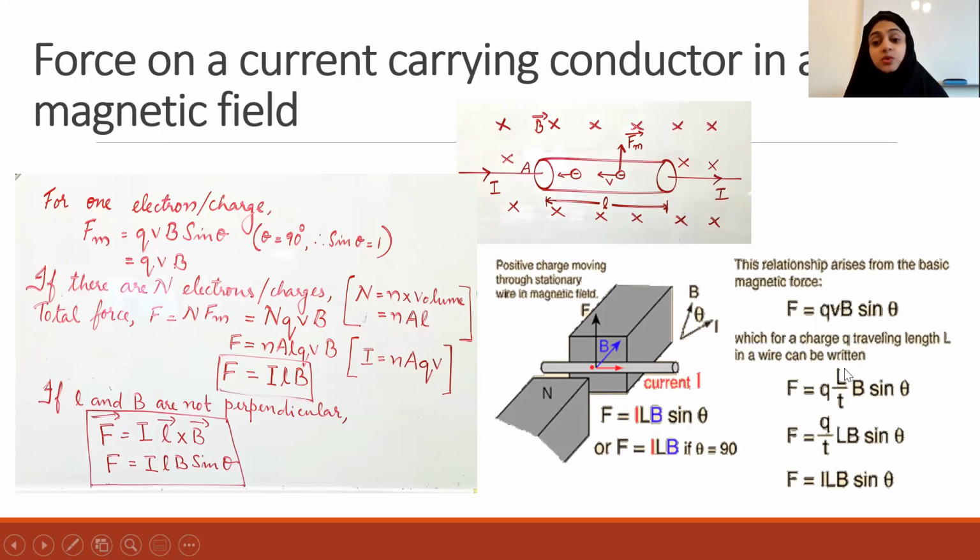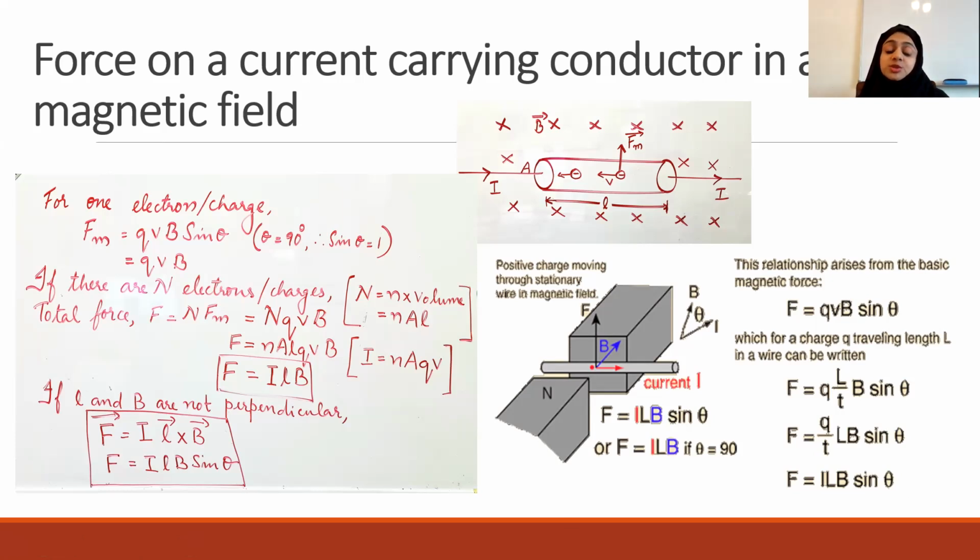So velocity is equal to distance by time. And then they considered Q by t. So what is Q by t? The charge per unit time. It is defined as current. So current is charge per unit time. So they have put Q by t as I. So F is equal to ILB sine theta.